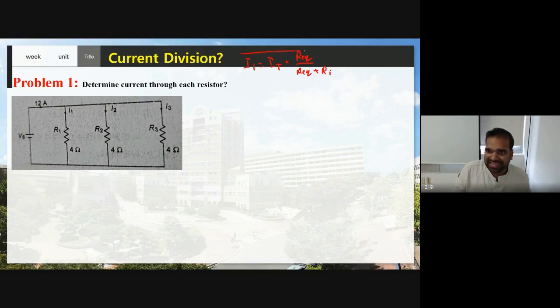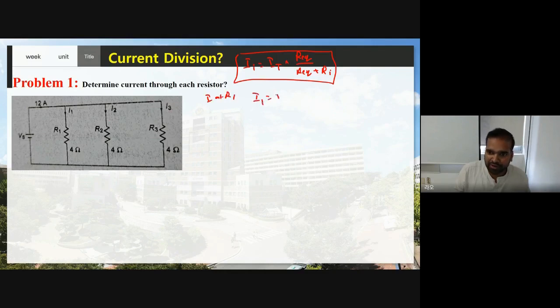So here IT stands for the total current in the circuit. R equivalent means the equivalent resistance of the circuit, which you already know. I means where you are finding current. Suppose if you are finding current at R1, this is I1. If you are finding current at R2, this is I2, like that. Now I want to find current at R1. Okay, current at R1. Now what I need to do?